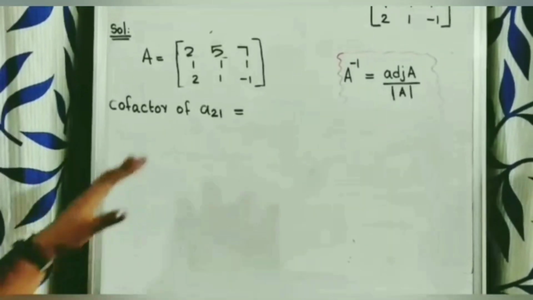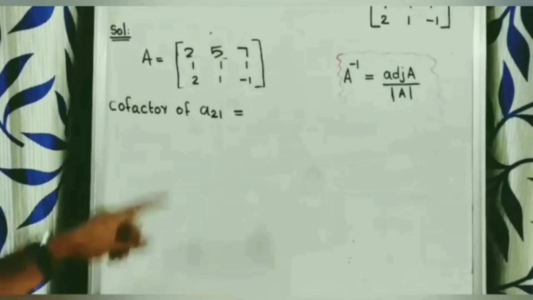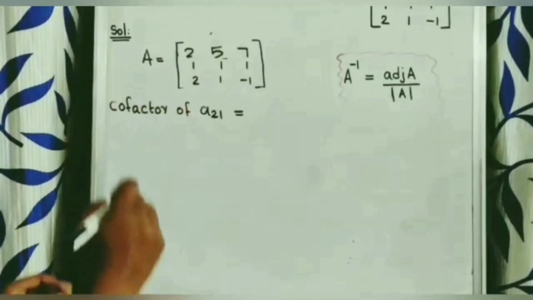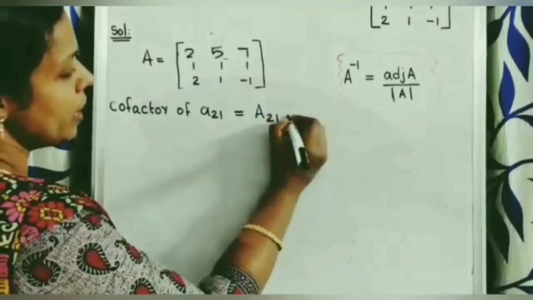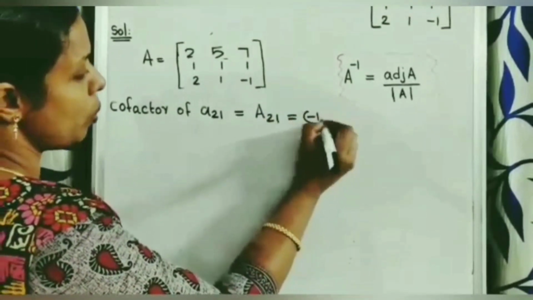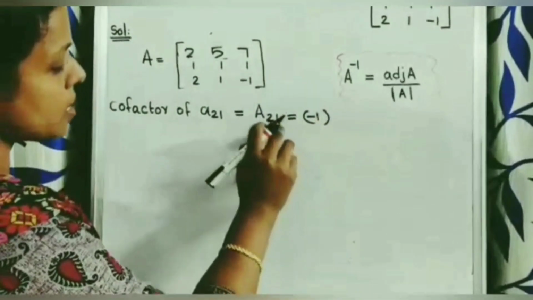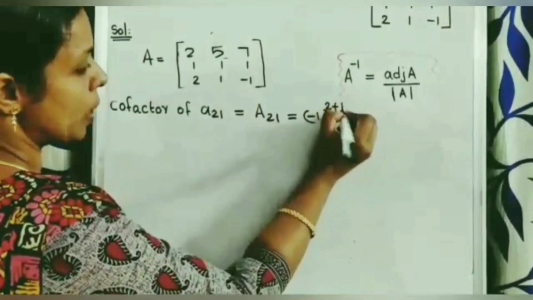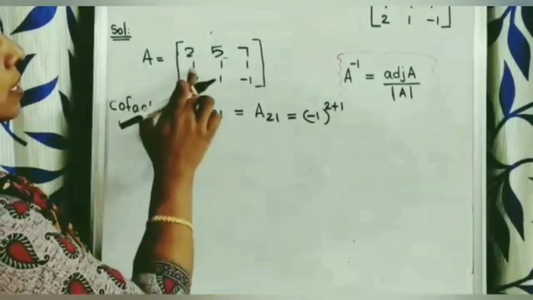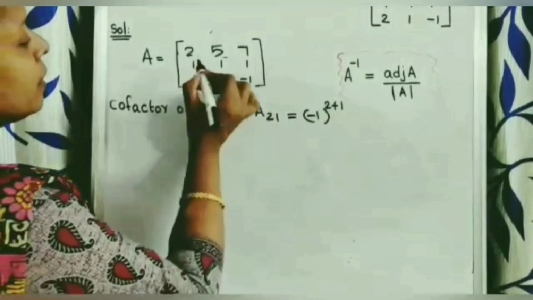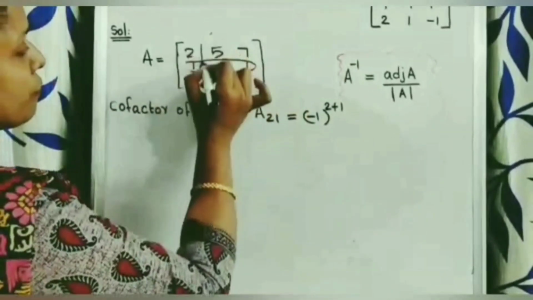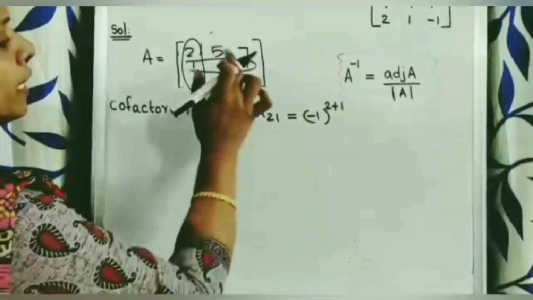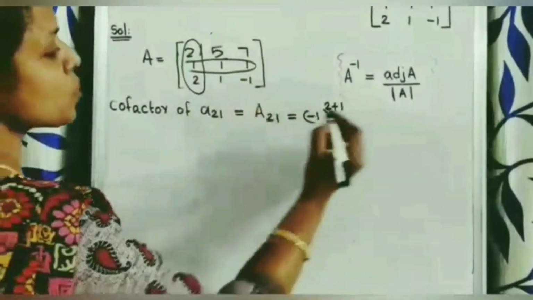Next we find cofactor of A21. Here A21 is 1. We can denote it as capital A21. That is equal to negative 1 whole raised to here 2 plus 1. Then eliminate second row and first column. Then we get 5, 7, 1 minus 1.